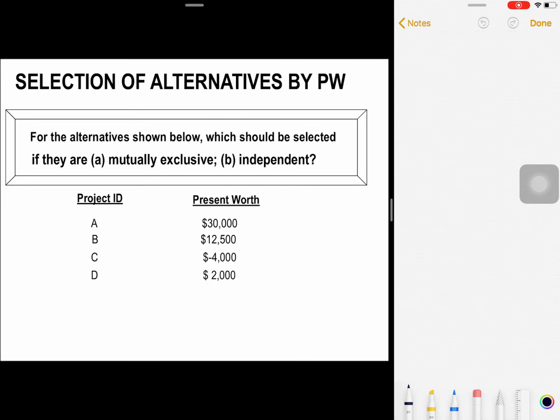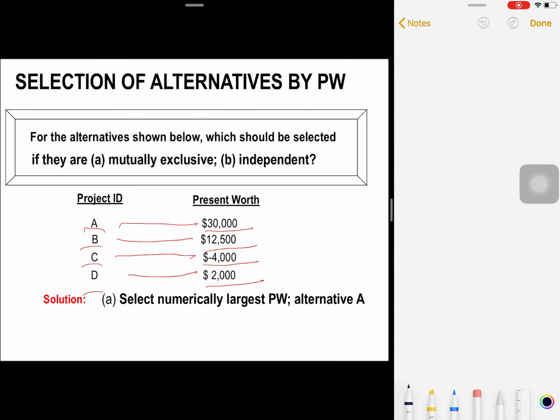Okay, selection of alternatives by present worth. For the alternatives shown below, which should be selected if they are mutually exclusive or independent? So what do we have here? We have project ID A, B, C, D with a present worth of $30,000 for A, $12,500 for B, and negative $1,000 for C, and $2,000 for D. Select numerically larger PW.